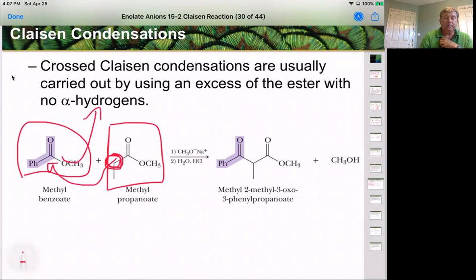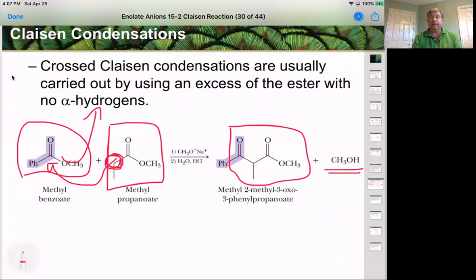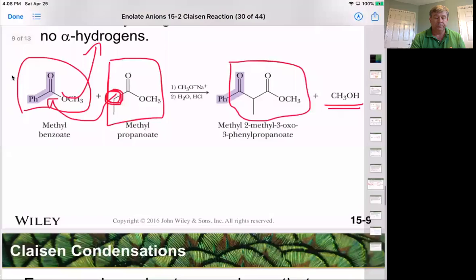This methoxide is going to leave, and when we protonate the reaction at the end, we'll end up with methanol and our beta keto ester compound. Okay, and again, it works really cleanly because only one compound can form the enolate, the other compound cannot, and therefore it will react specifically to give us a single product.